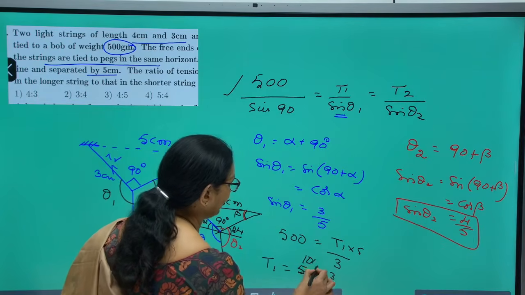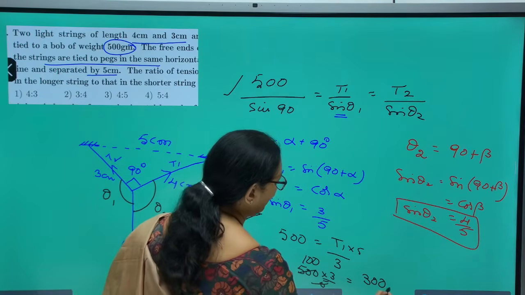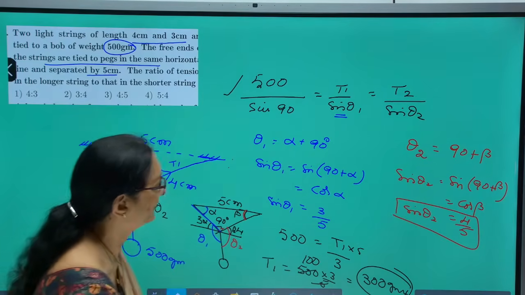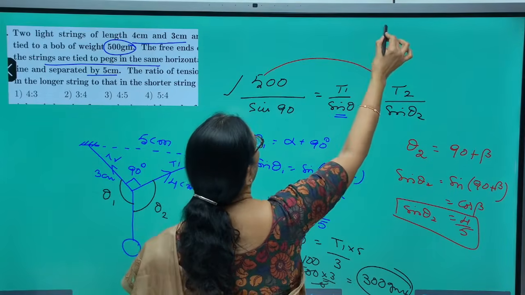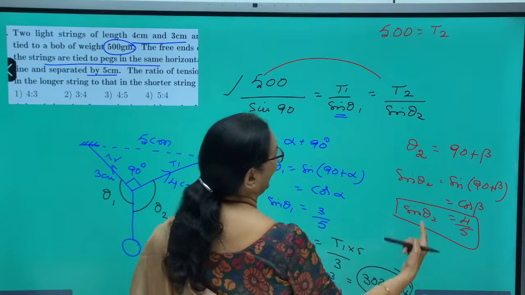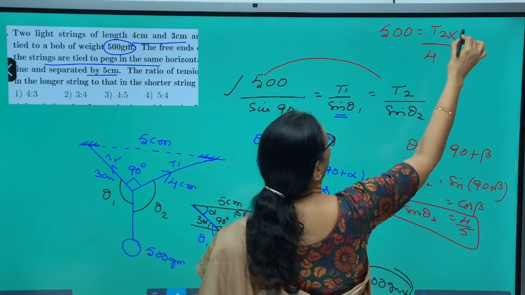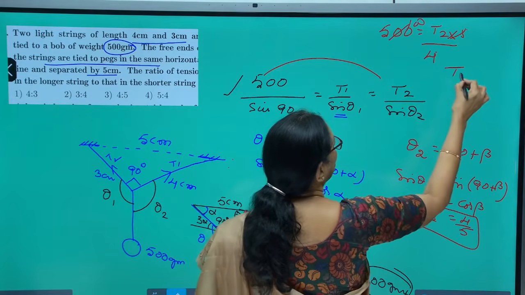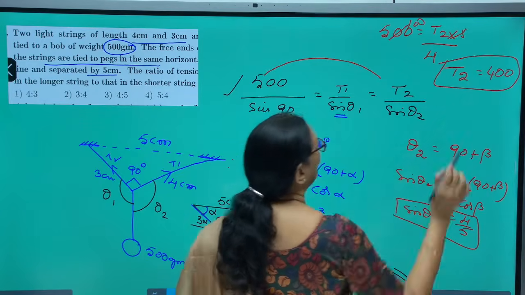So, it is equal to 300 gram weight, that is T1. And substituting in this relation, 500 is equal to T2 by sin theta 2, which is 4 by 5. On simplification, you will be getting T2 is equal to 400 gram weight.